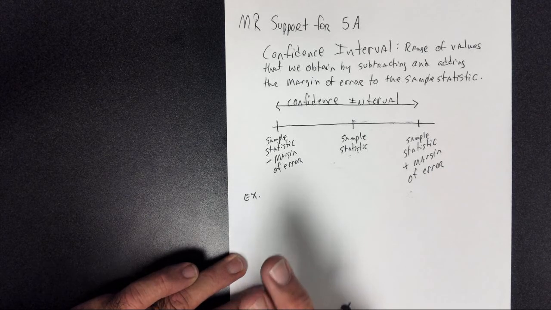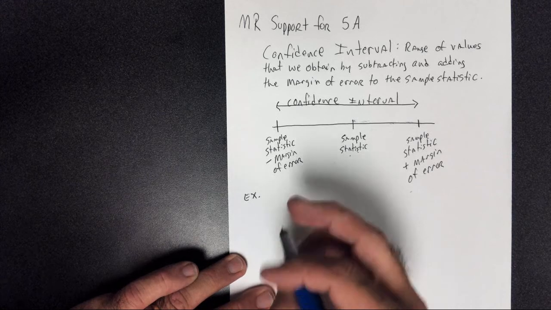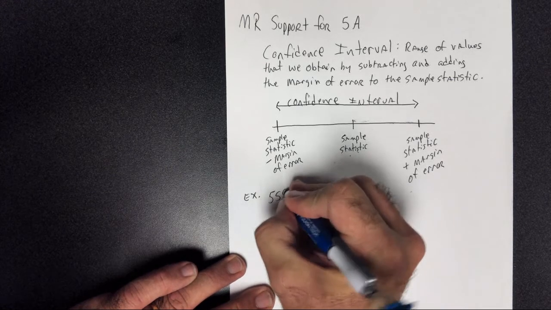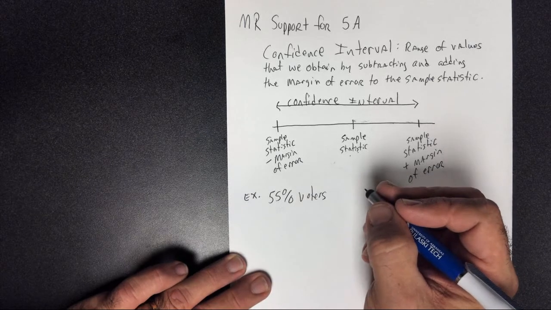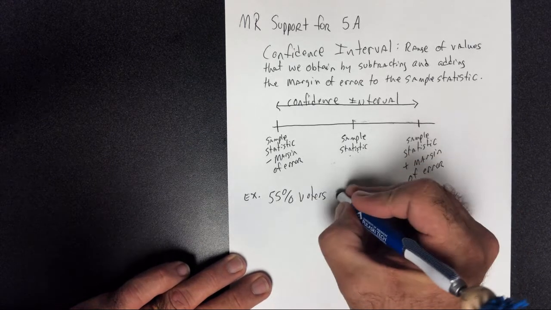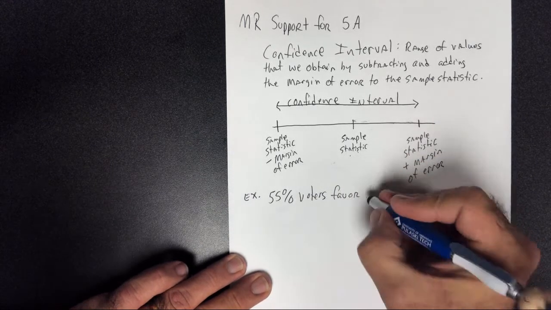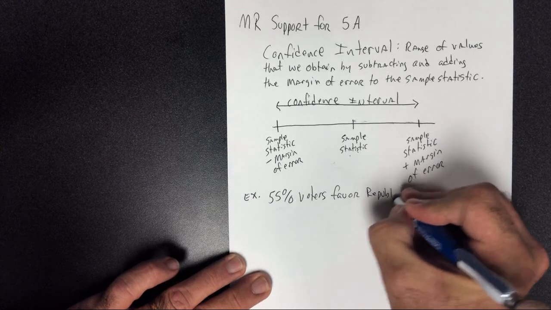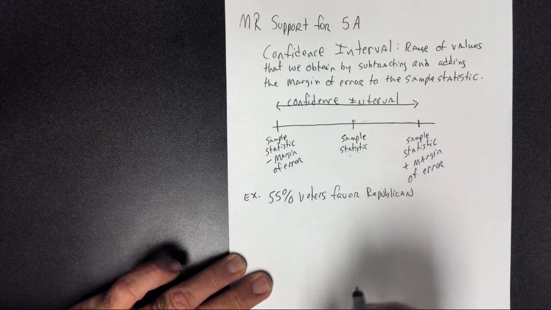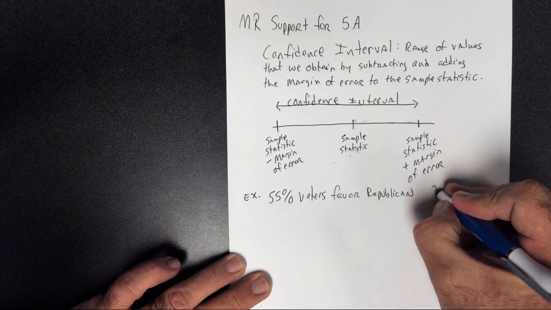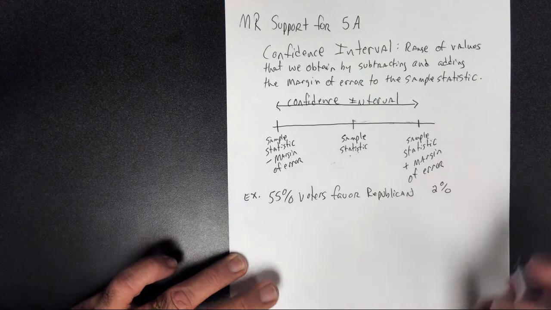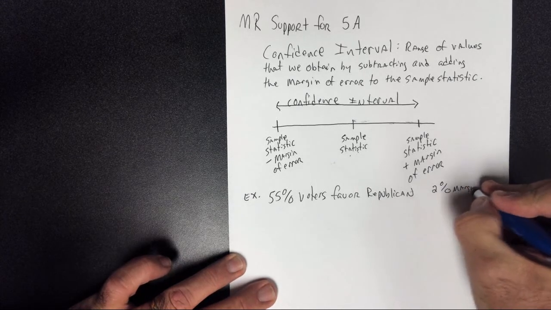The poll results show that 55% of the voters favor the Republican. Okay? Now, with a margin of error of 2%, so that's my margin of error.